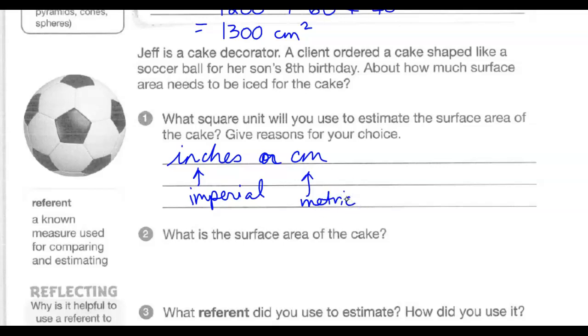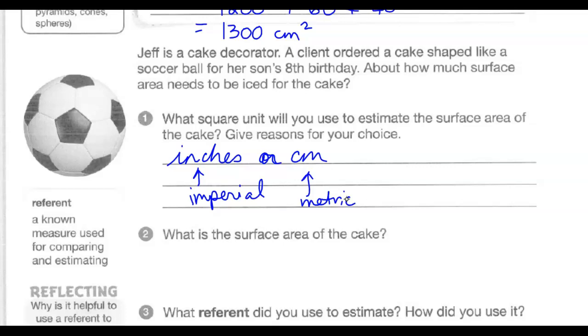What is the surface area of the cake? Here's where we don't have a soccer ball in front of us. If you imagine a soccer ball, some of you probably play soccer, so you're better at imagining it than me. If you think of taking your pencil, a mechanical pencil, it's maybe a little more than 10 centimeters.